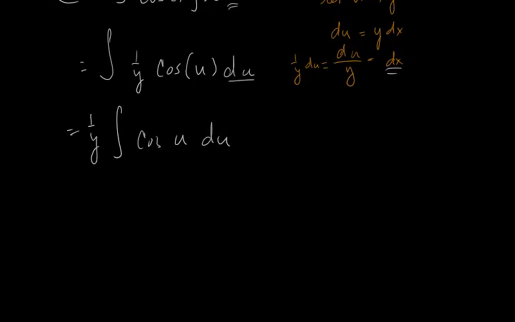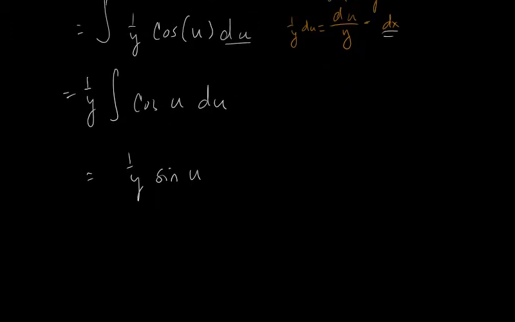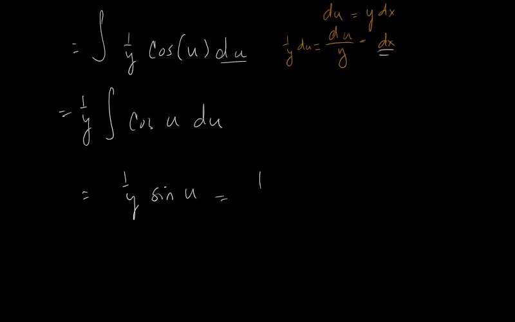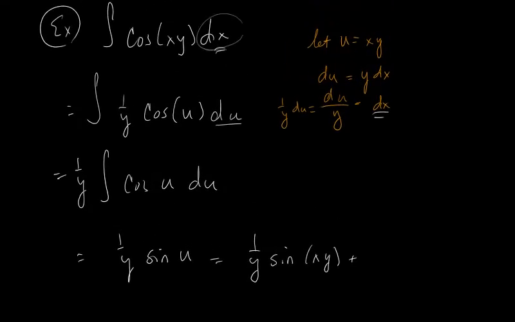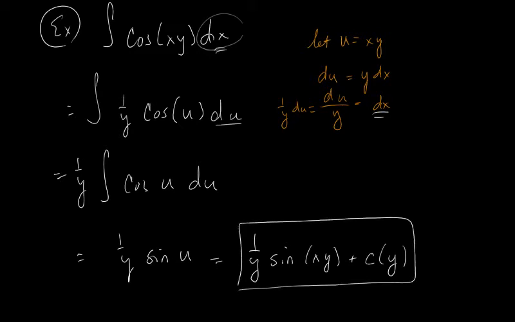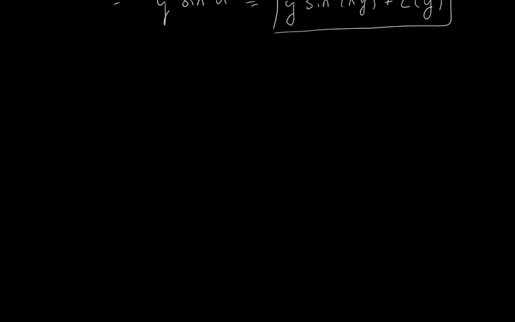Well, the antiderivative of cosine of u is positive sine, so this is 1 over y sine of u plus our constant. We'll get to that in just a moment. u is equal to xy, so this is 1 over y sine of xy. Now we have to add our constant. We integrated originally with respect to x, so we're going to add a constant that's a function of y, so plus c of y, and there we have our antiderivative. All right, so let's do another example now.